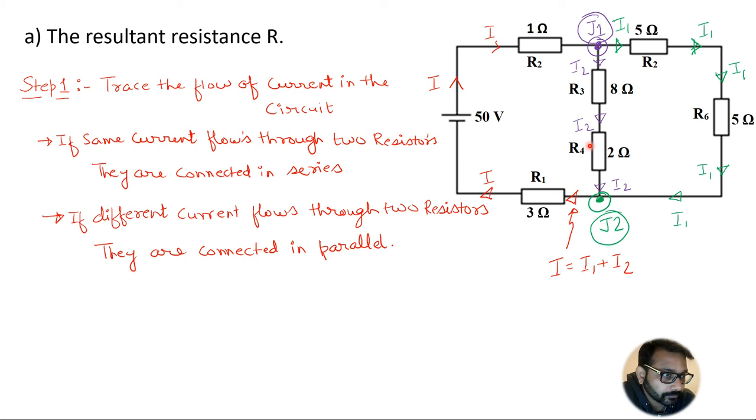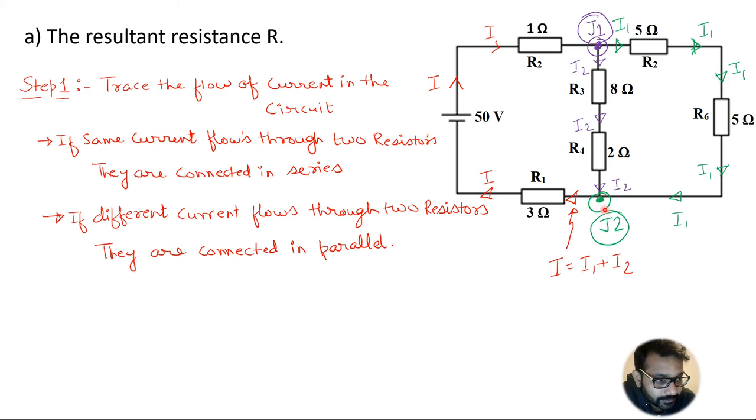The current I1 will flow through R2, and then it will continue to flow, and finally it will flow through R6, and after that it will flow through these branches and come back at J1. Now current I2 will flow through R3, then through R4, and again join at J1.